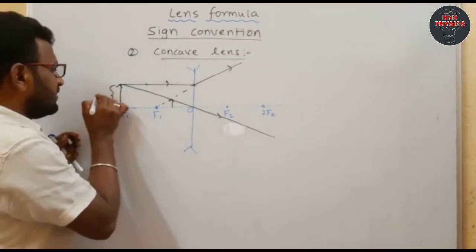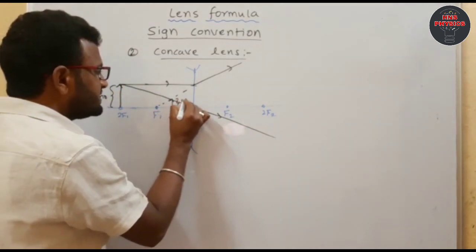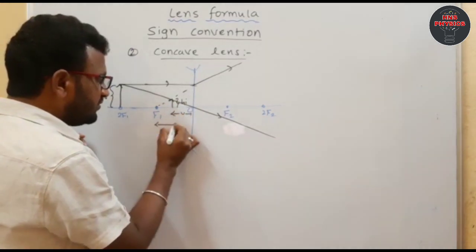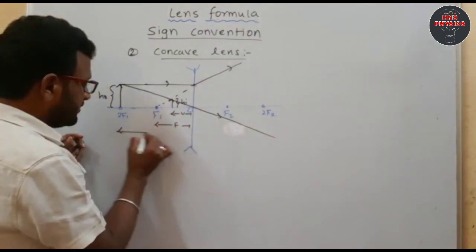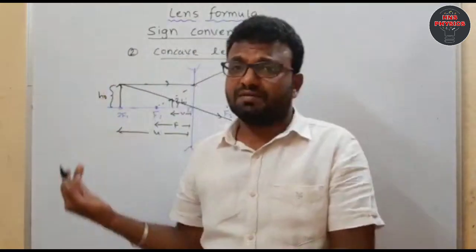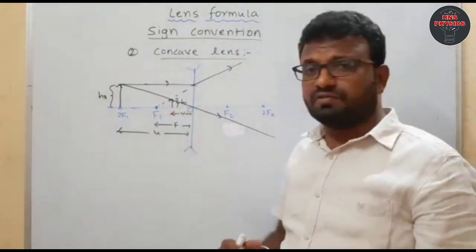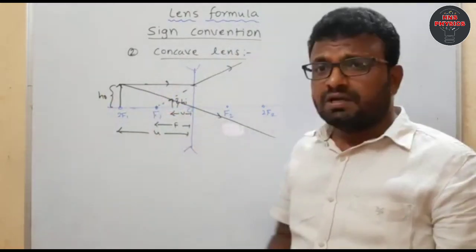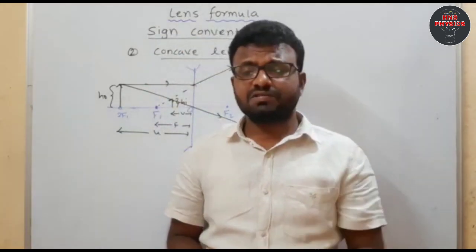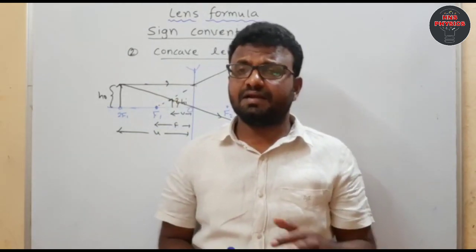This is the height of the object and this is the height of the image, this is the image distance, this is the focal length, and this is the object distance. All these values are on the left side of the lens, on the negative x-axis, so those three values will be negative for a concave lens. A concave lens always gives a virtual and diminished image.